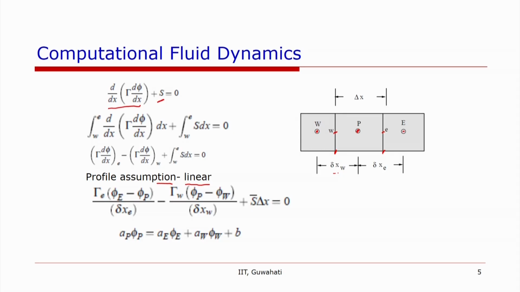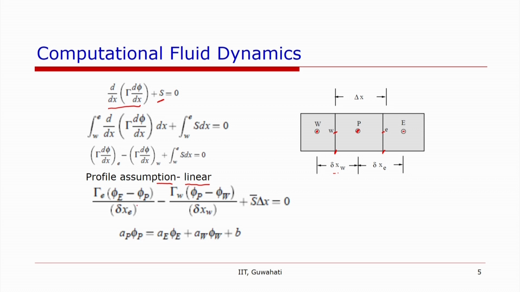So that is what has been done here, and d phi by dx is replaced by phi E minus phi P over delta x E, similarly for the other derivative, and then it has been written.